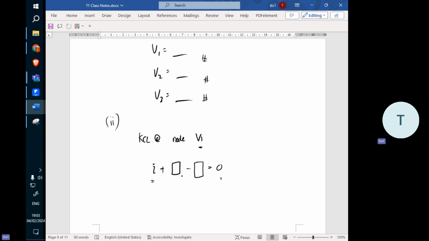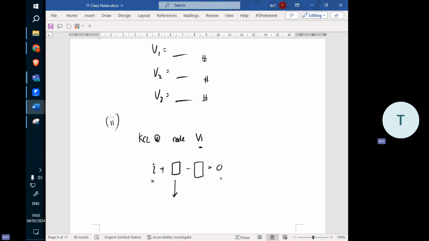After you figure this one out, you expand it, because this one can be expanded into something like V1 minus V2, or V2 minus V1, over the resistance, right? Because this one is a current.